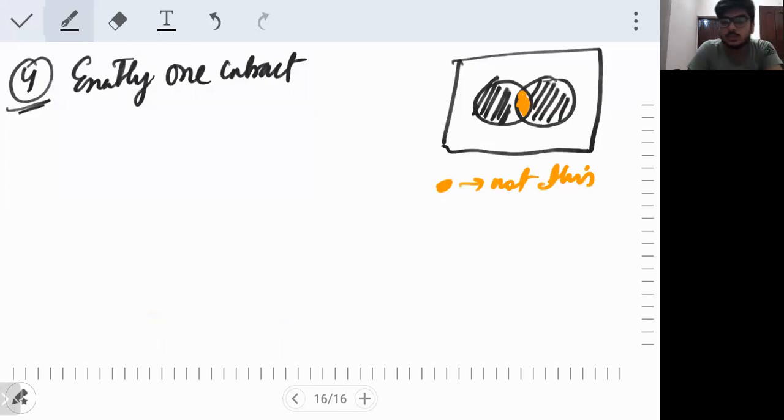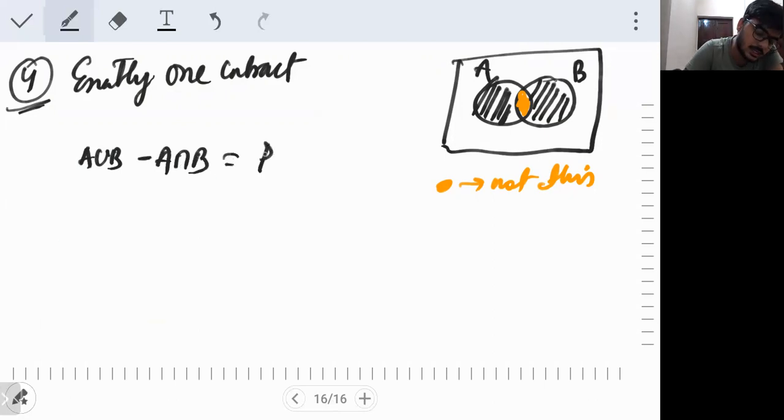How to solve this now? To solve this question, it is very easy. We will just define this region, right? And how can we define this region? We know this together is called A union B. And what we have to subtract from that? A intersection B, right? That gives us exactly one.